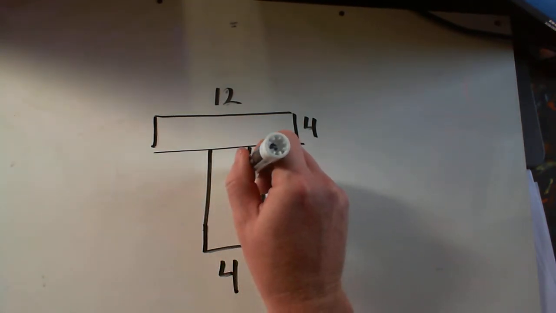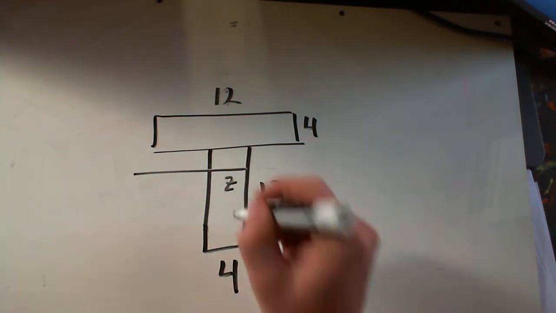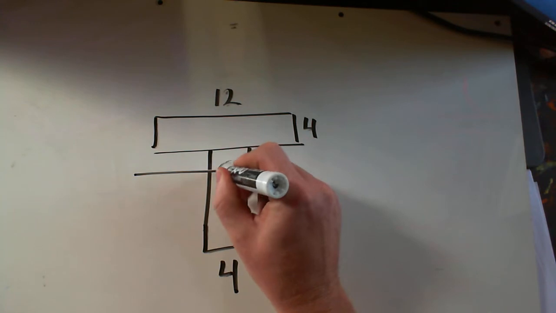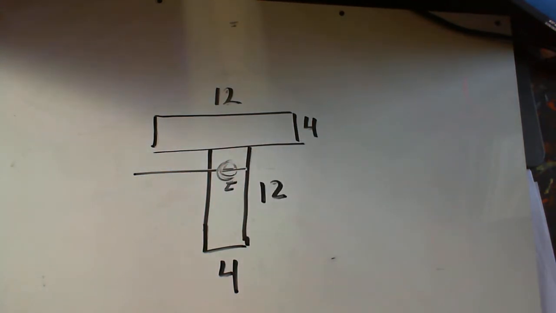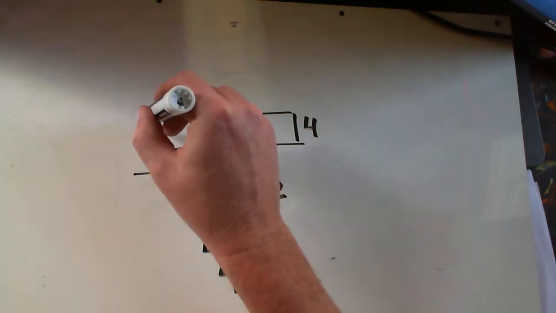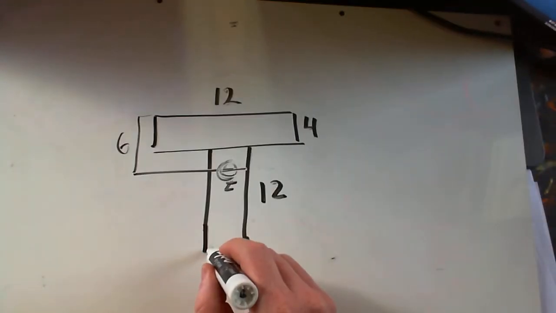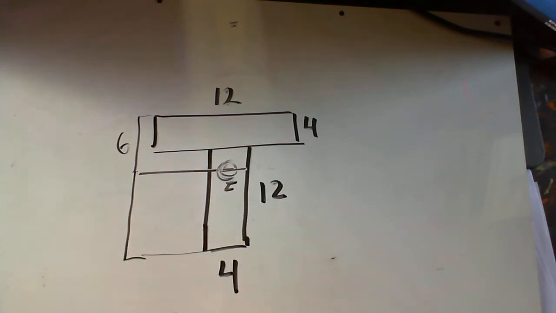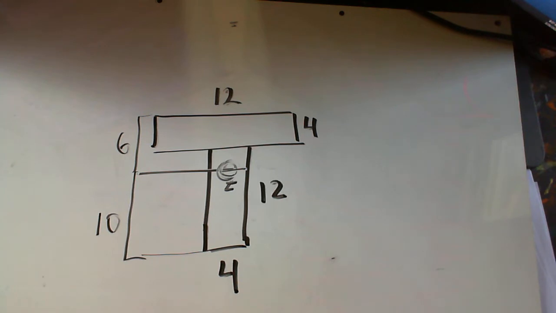We're going to put a Z axis in the middle of it. This is where our centroid is located, and the distance from the top to there is 6, and the distance from the bottom to there is 10. So this is the shape that we are going to be dealing with.